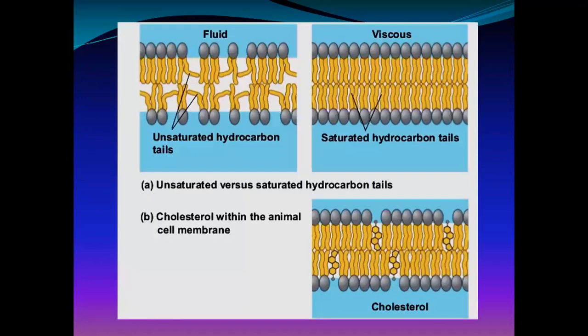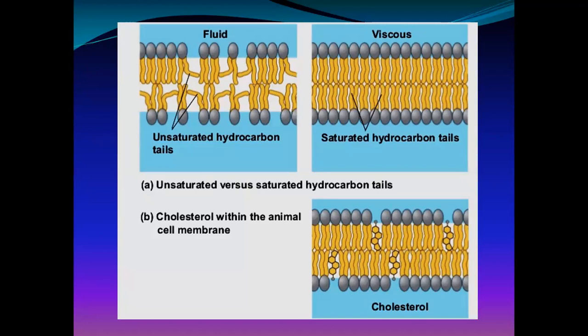When you look at this picture, you can understand that when you have an unsaturated hydrocarbon, as Dr. Nisansala said yesterday, whenever you have a double bond, there is a bend. That is what you call kink formation. When the tail bends, compact packing is impossible.